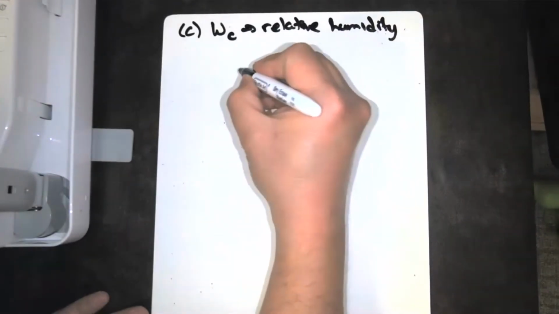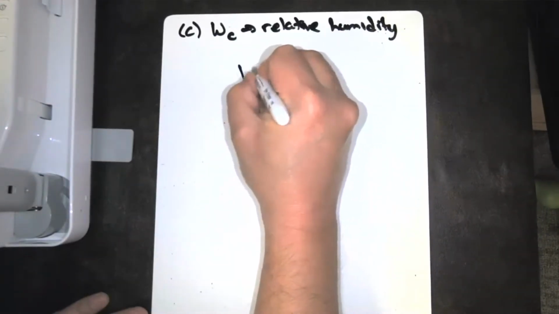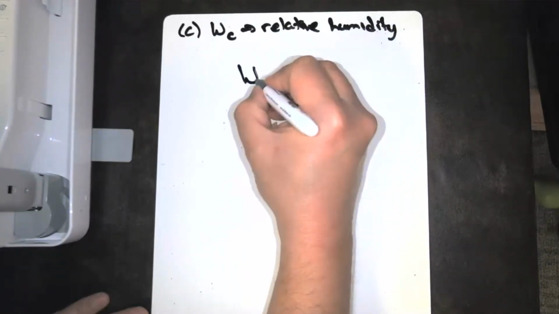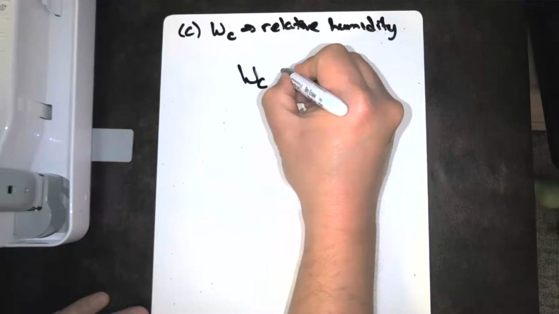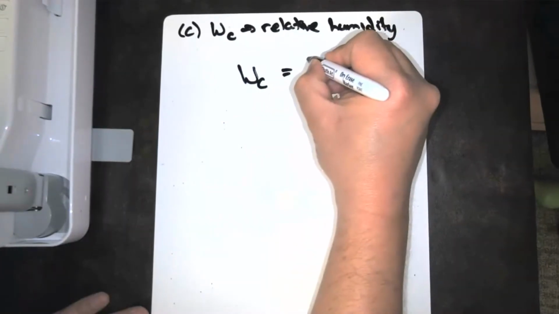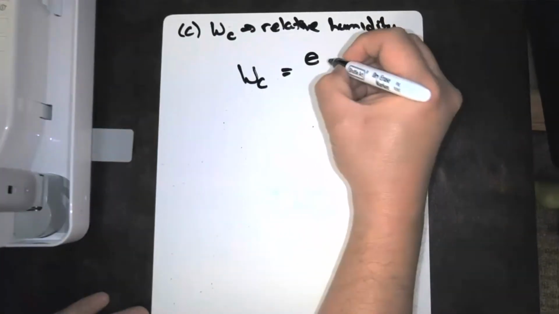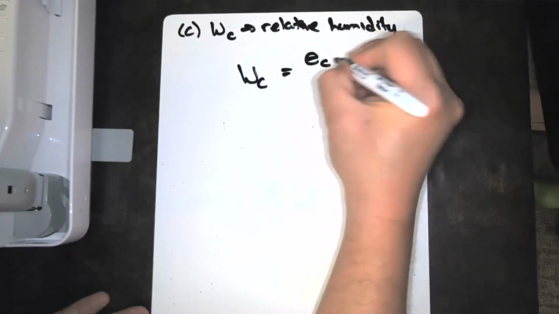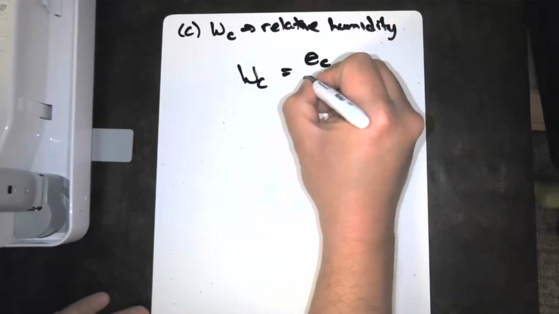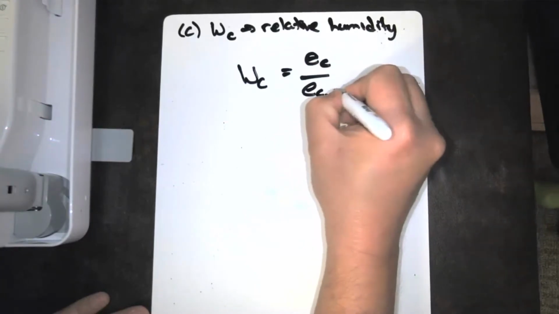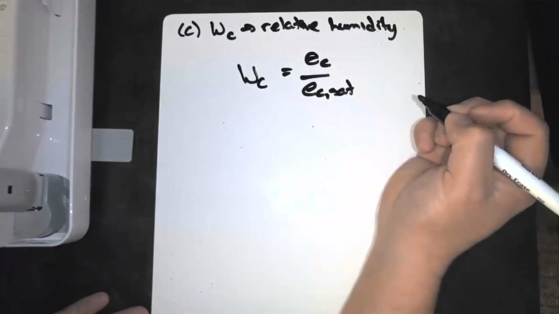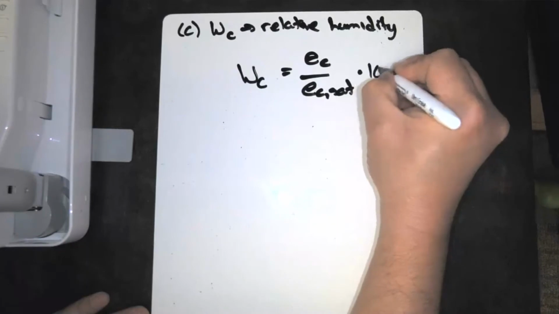So first off is just our definition of relative humidity. The relative humidity at location C will be equal to the actual vapor pressure at location C divided by the saturation vapor pressure at location C times 100%.